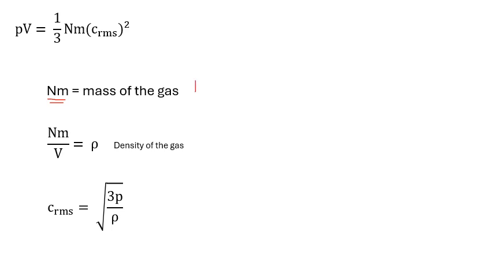If you like, we could call that big M, the mass of the gas, is Nm. And if you divide that by volume, that gives you the density of the gas. And so our equation becomes c RMS is root 3p over rho. That's the equation I used when I was a student, root 3p over rho.